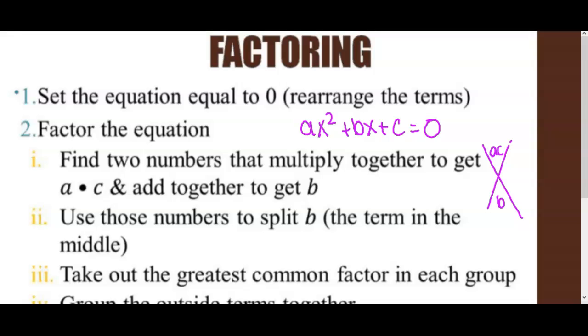Before, we just had to arrange the terms so they went x squared, x, c, and most of them were already in that form. Now we have to make sure it goes x squared, x, c equals 0. So the equation must be set equal to 0. X squared must come first. The x term must be in the middle, and the c at the end.